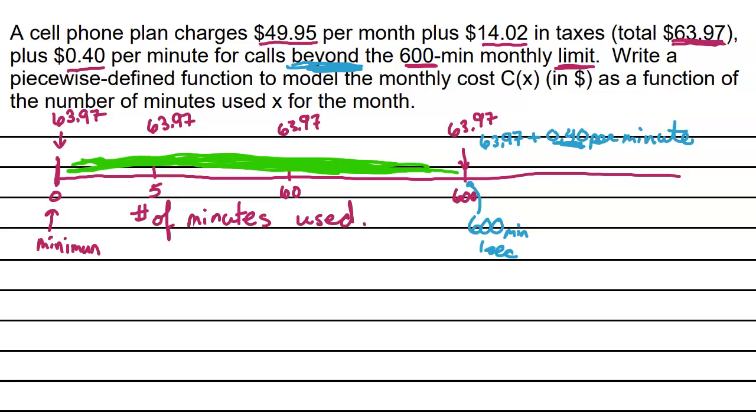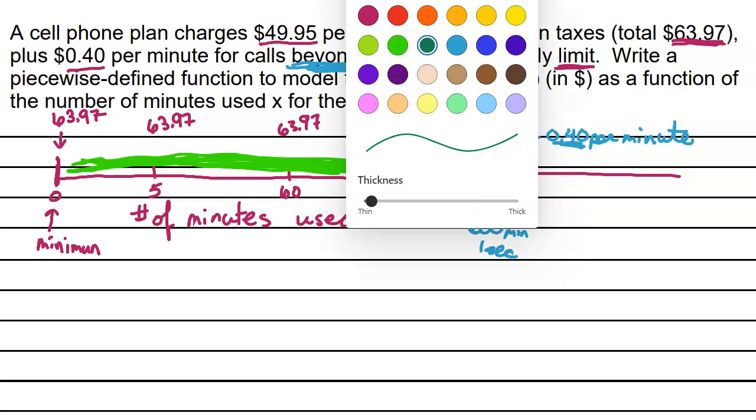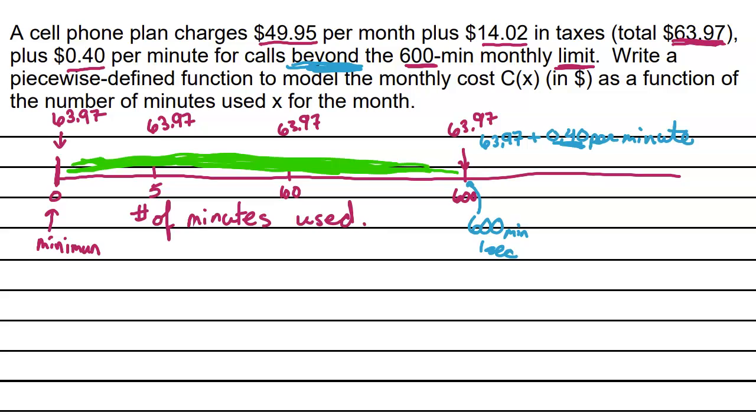So whenever we're looking at a piecewise function, we have to identify what is this cutoff point here. What number is that cutoff value, and what's the smallest number that I can go to? Well, in this area, I'm staying the exact same no matter what.